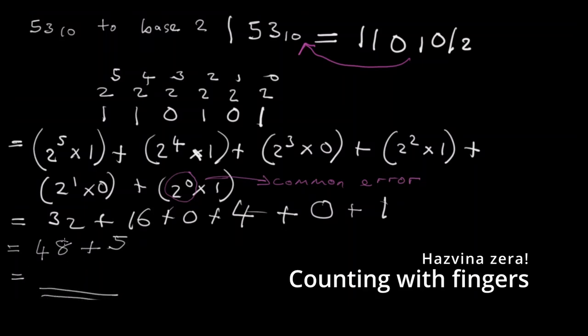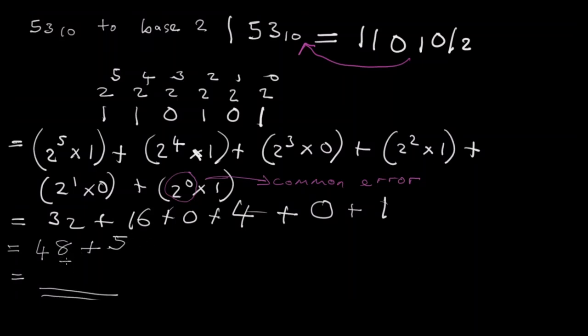Using our fingers, 49, 50, 51, 52, 53. So 48 plus 5, it's really 53, and it can also be written as 53 base 10.